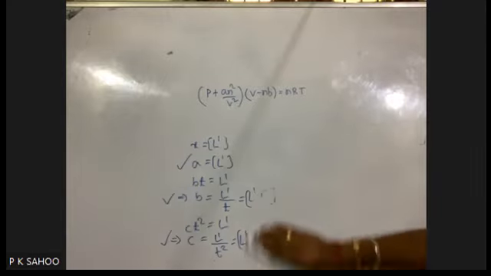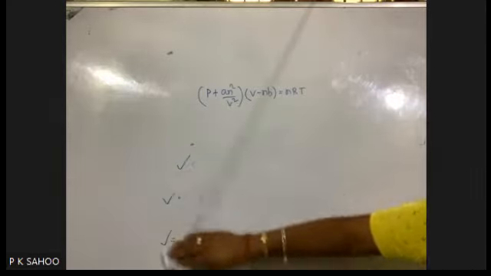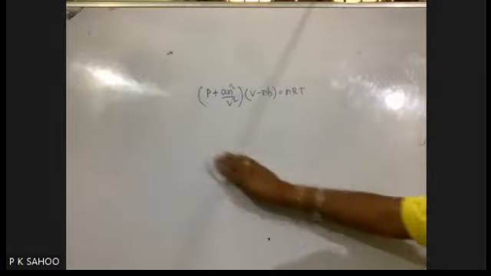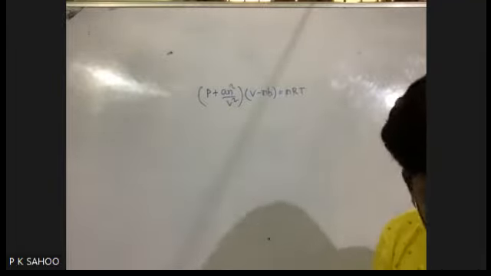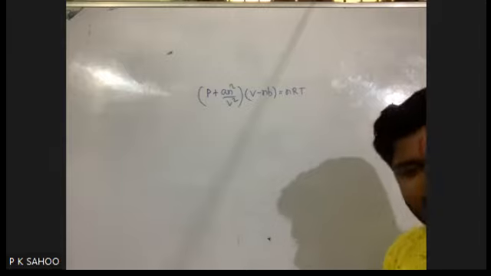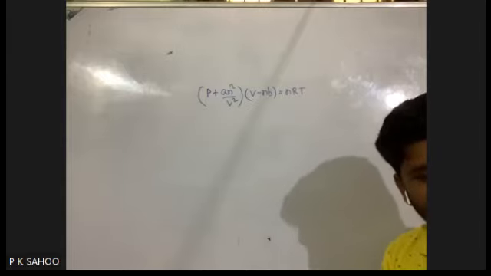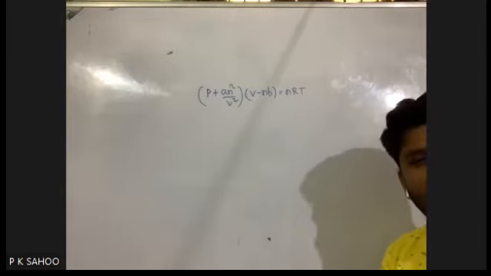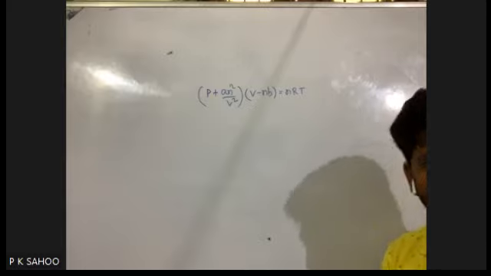Have you seen this formula? This formula is called the Van der Waals gas equation. You will read that in chemistry. Don't worry about this, but we need only the formula, and we have to understand all the quantities one by one.